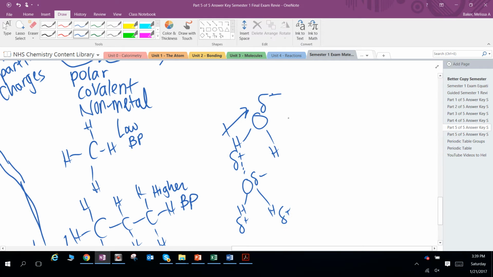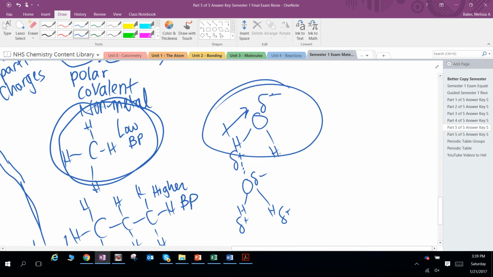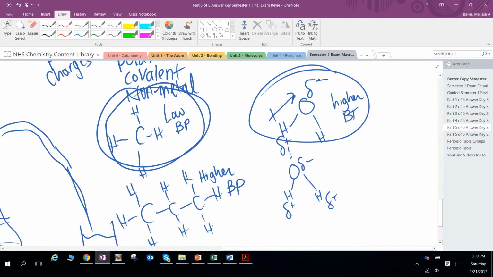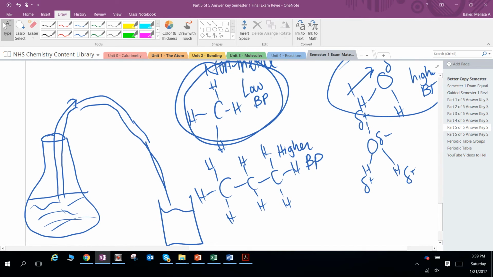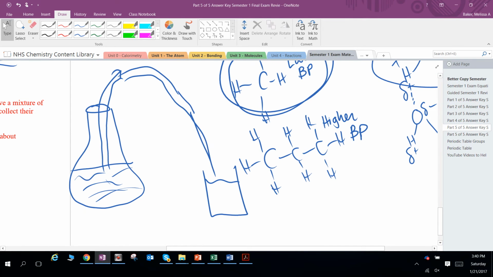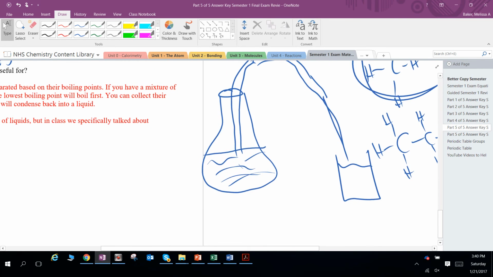So you could predict that if you were doing a distillation between something like CH4 and water, water has a much higher boiling point because of its polarity. So that's really useful for trying to separate liquids because since they all have a different boiling point, they'll come out of this distillation in different fractions.